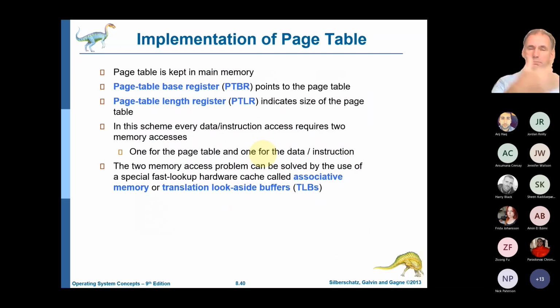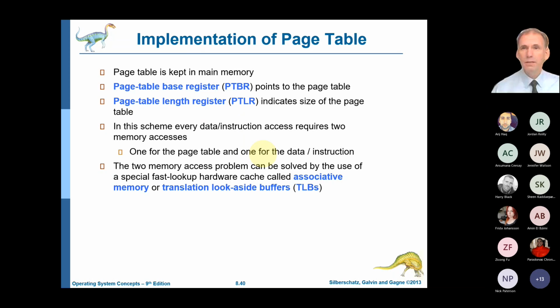And we have a start of it, a page table base register and a page table length register, same as we had with the segments. That then means that every time we access a memory location, we have two memory accesses.